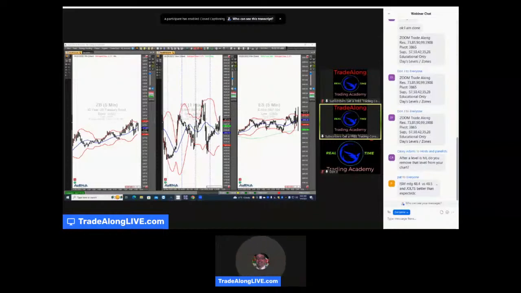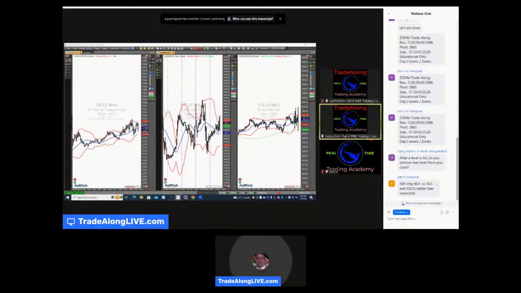And if you did scale in, again, we suggest scaling in. Obviously, we're not going to be perfect. I keep saying that over and over again. If you did scale in there at 80, you got filled, and a nice little rotation there off of that. And if you're not trading because the volatility was a little bit too great, then that's fine.